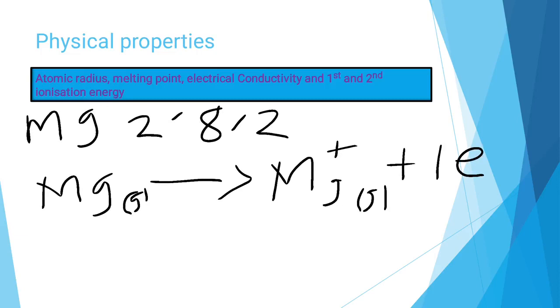When magnesium does like this, loses the first electron, we say that it has undergone the first ionization energy.